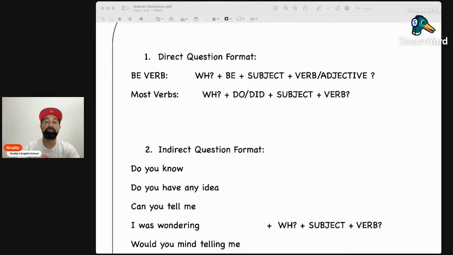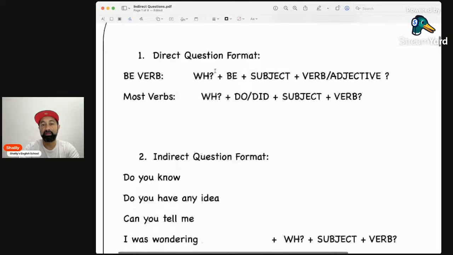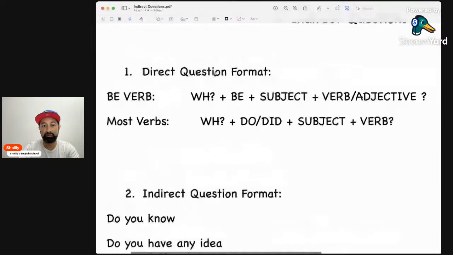Now, an indirect question is not that difficult to make, but it is a little bit confusing. It is a little bit different from a direct question. When we have a direct question, let's look at the screen here, at the be verb first, the one at the very top.